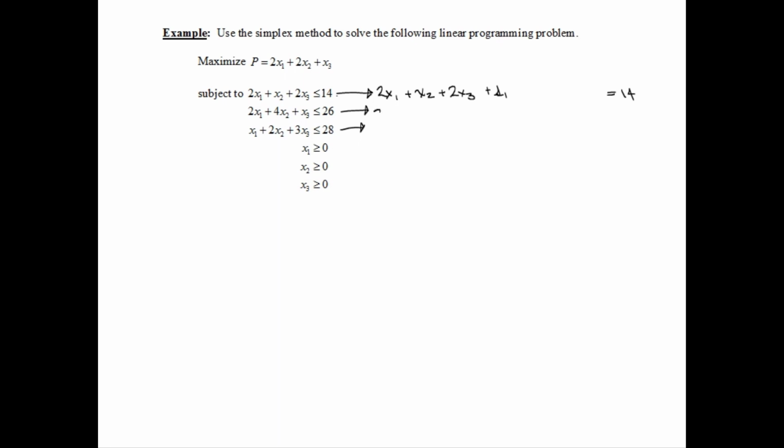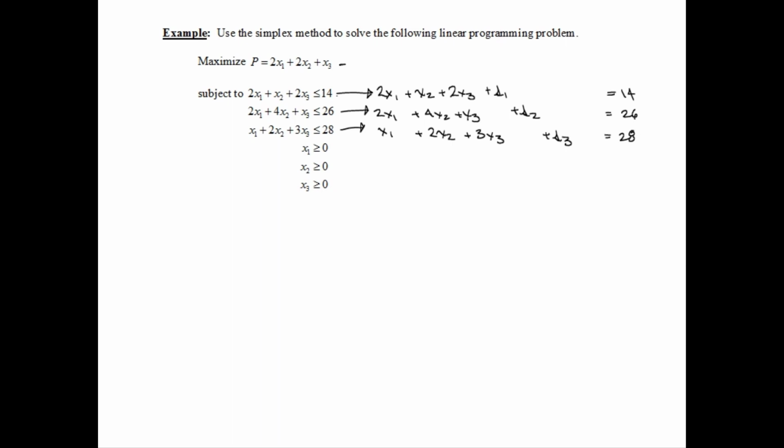Next inequality, 2x1 plus 4x2 plus x3. This time I'll add s2, and it'll add up to 26. Third inequality, x1 plus 2x2 plus 3x3 plus s3 is equal to 28.